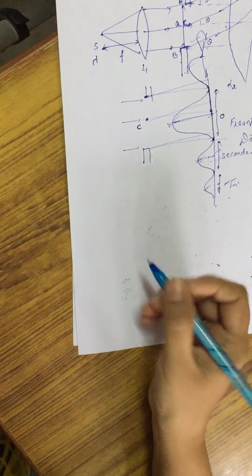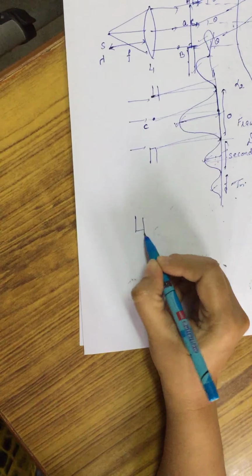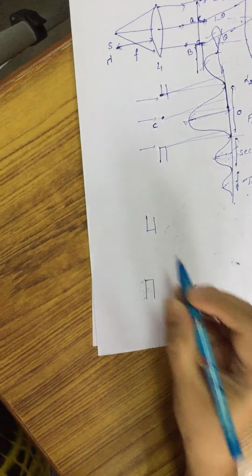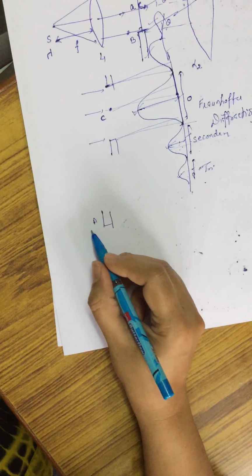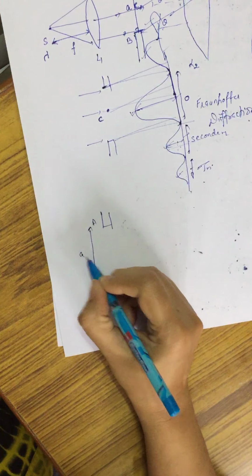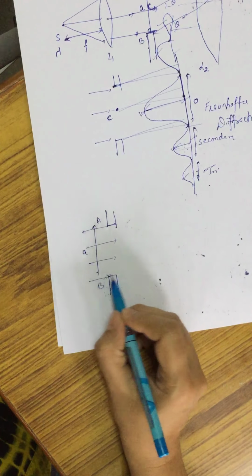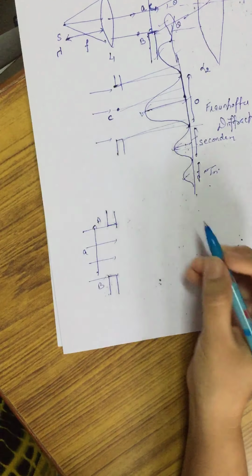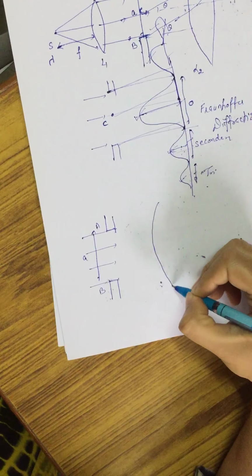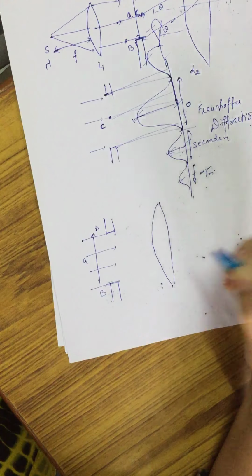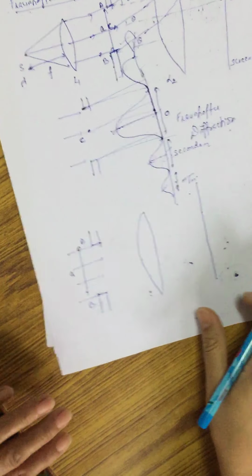Again, we are using the basic setup of our Fraunhofer diffraction, and let us consider the slit is AB, having a width of a, and the parallel rays from the first convex lens are allowed to fall on the slit, and with the help of the second convex lens we are converging them on the screen.